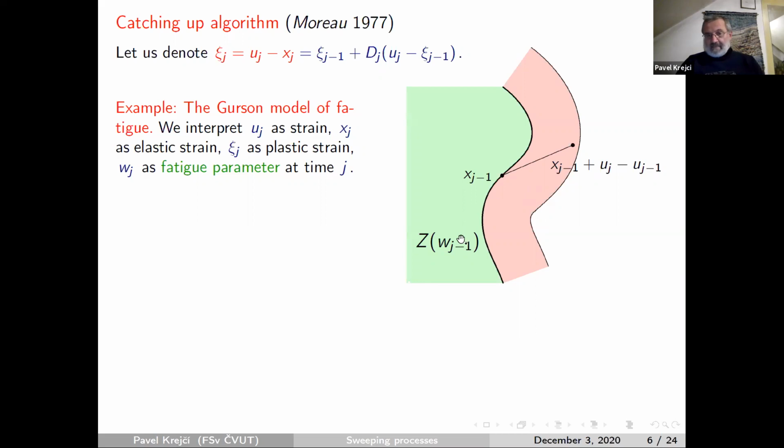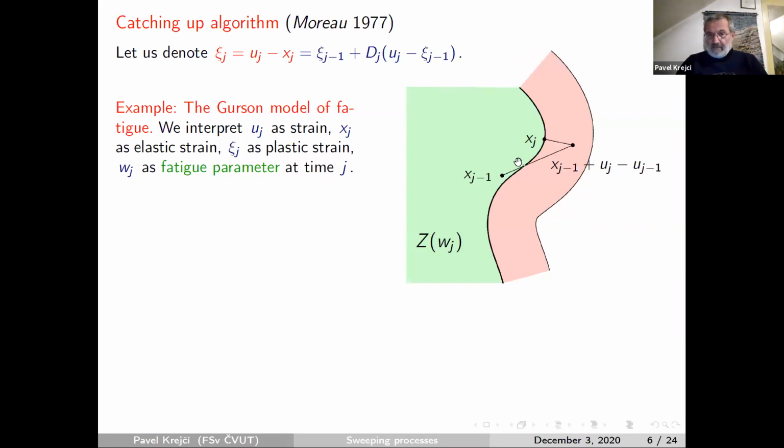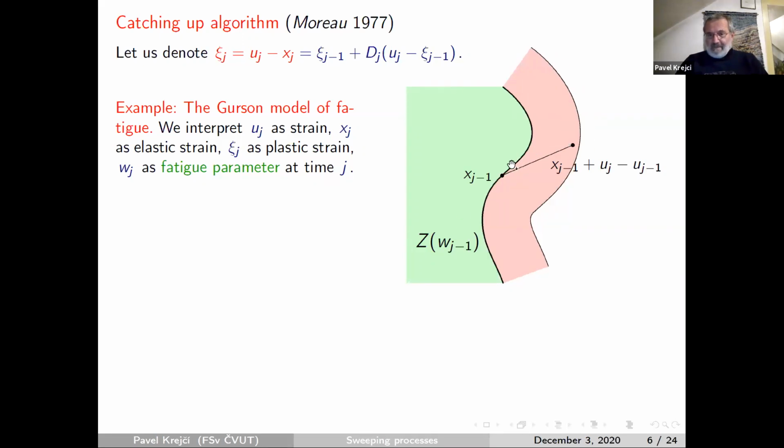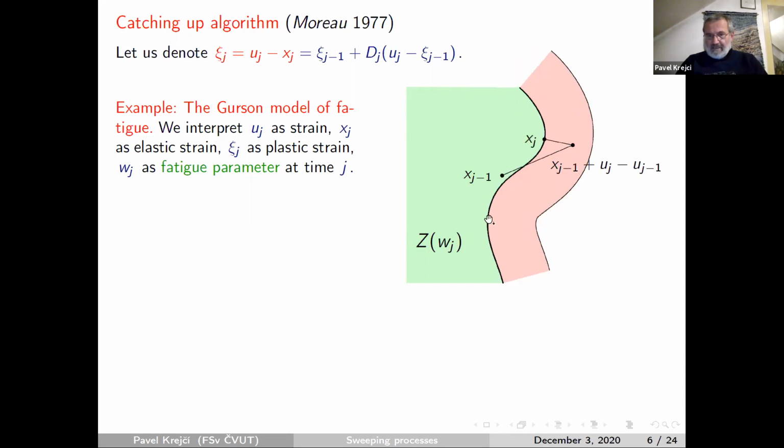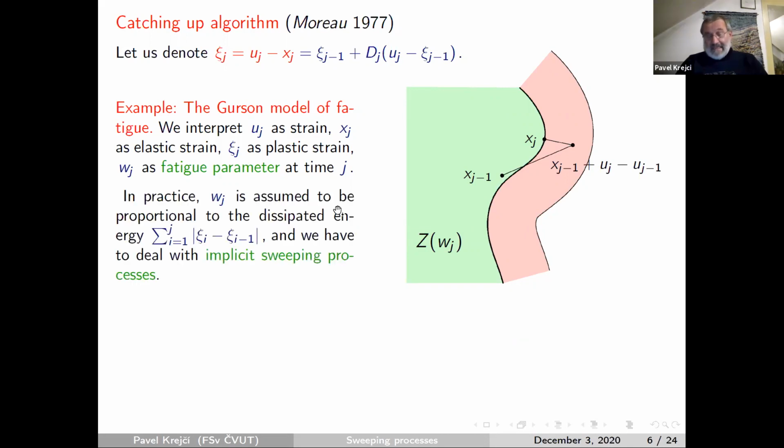What we do in the next step is take the projection of this point, but not on the set Z of wj-1, but on the updated set. So xj will be the projection. Again, we change the set and we project on the new set Z of wj.